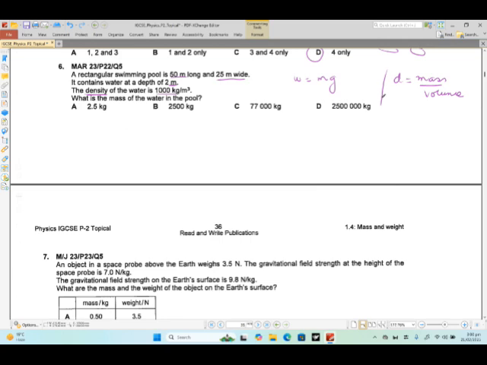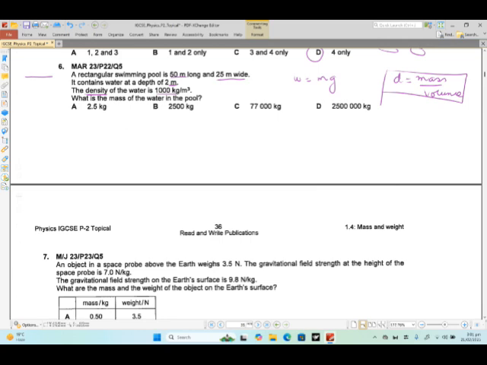So we can use this formula to find the mass. Density we know is 1000. Mass we have to find out, and we don't know anything about volume, but we know that the swimming pool is 50 meters long and 25 meters wide, and we also know the depth.